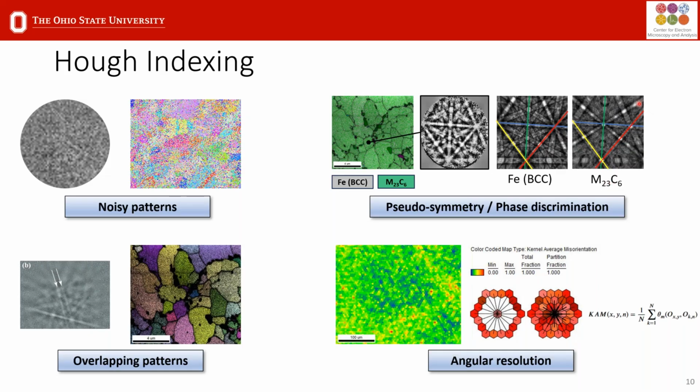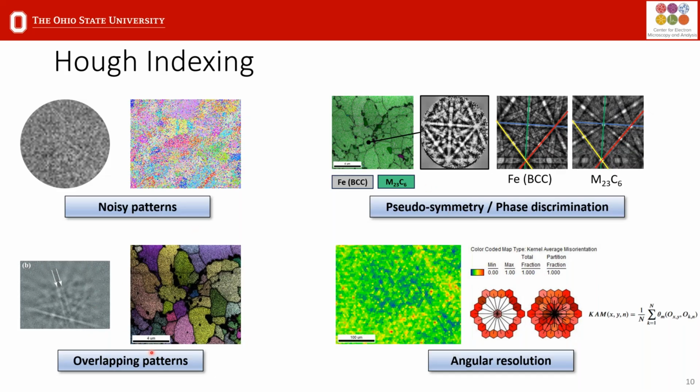So if you only look at the position and the angles of the bands, you really struggle. This grain here is actually the iron, but you can see that the colors are all mixed up between iron and this precipitate. You can also find that sometimes for a particular crystal, there might be multiple orientations where these bands overlap, and that's called pseudosymmetry.